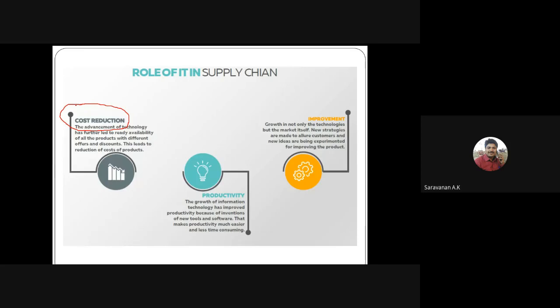How will the information pass among these stages? How will the functionality work? Due to that the cost has to be reduced, and only then can we improve our profitability. It is possible only when the information technology is good. That is the role of IT in the supply chain network.